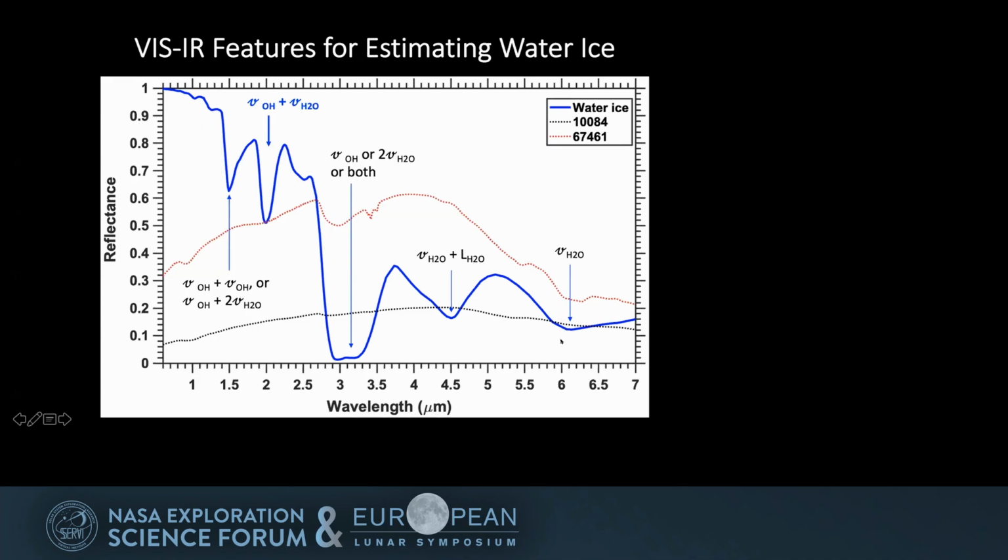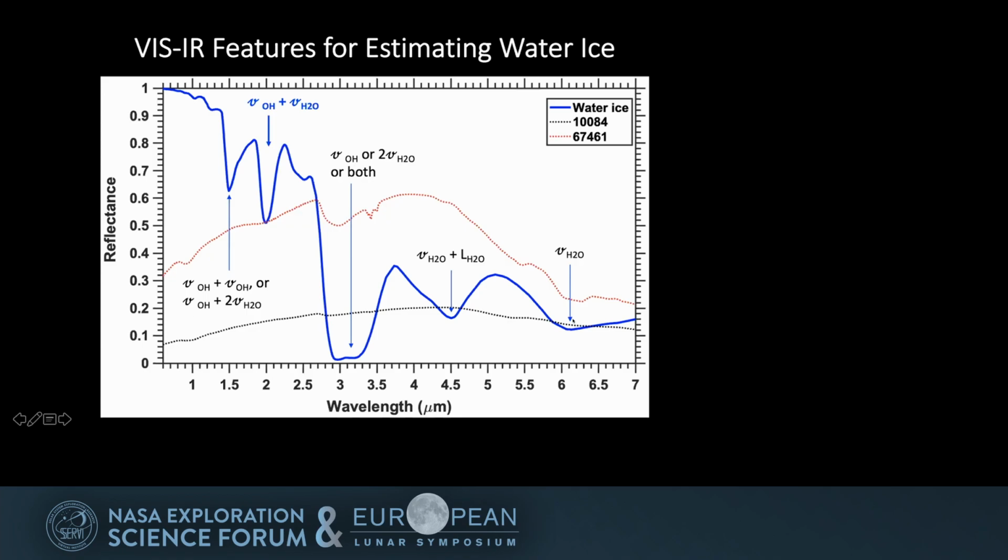It shows very diagnostic absorption features in comparison to the typical lunar surface regolith. I'm going to introduce from right to left, trying to tell which will be the best to use to quantify the surface water ice.